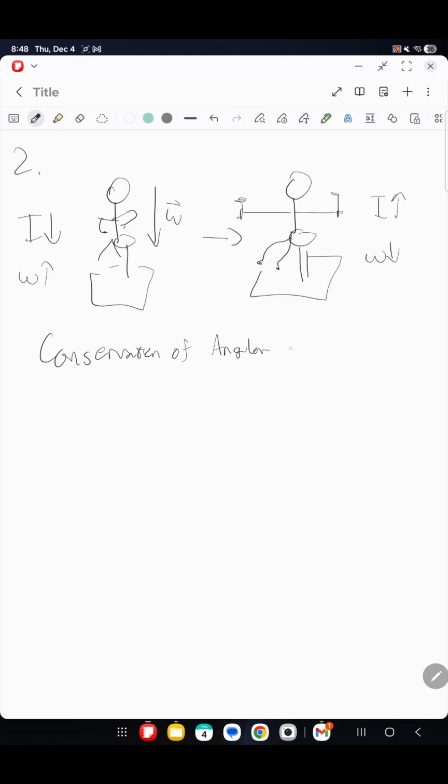So of angular momentum, we know L with the arms in will be equal to L with the arms out, which we could write as the moment of inertia in times the angular velocity with the arms in, which is equal to the same expression with the arms out. This is just rewriting the equation of angular momentum. So when you increase I, omega must decrease.